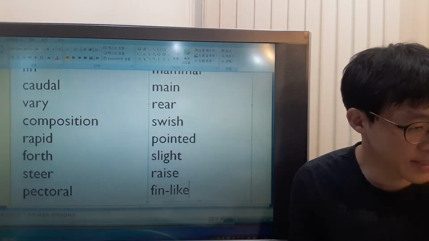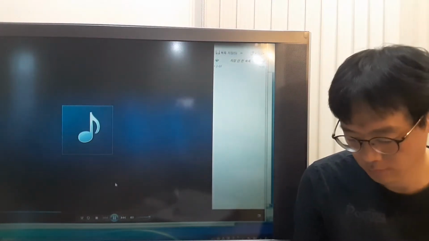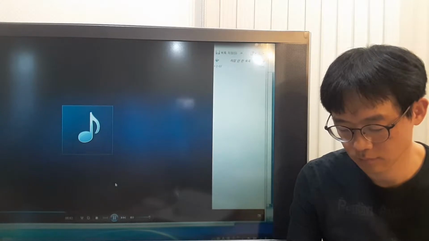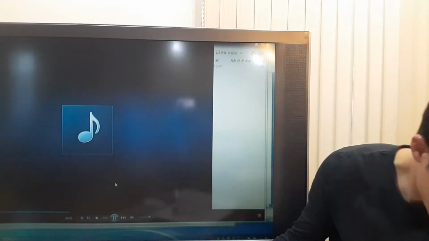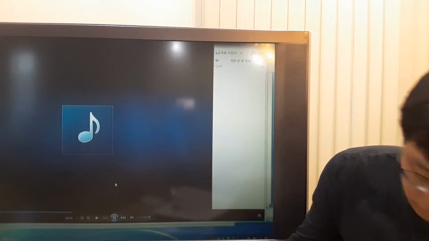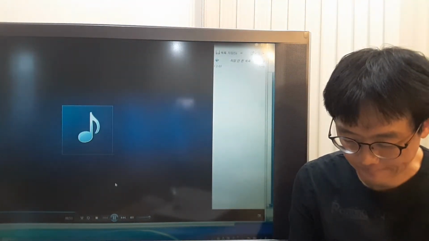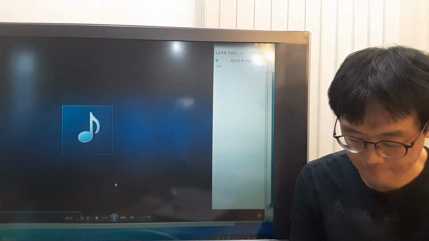Let's go on to the next part. Third is the round caudal fin. It's triangular in shape, but as its name indicates, its end is rounded. Next is the truncate caudal fin. Here, it's similar to the rounded fin, except that its end is not rounded, but more square-like.